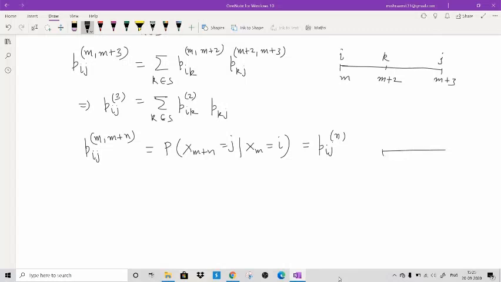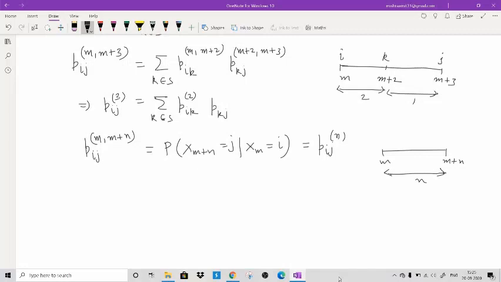This is time m, this is m+n, and the difference is n. So it only depends upon the difference. For example, here it depends upon 2 and here it depends upon 1. So this is the time homogeneous Markov chain.